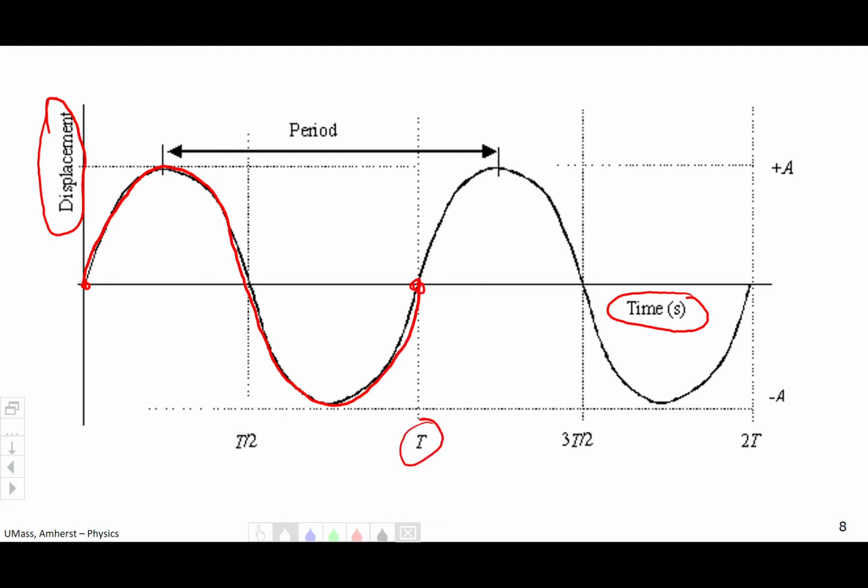In this case, it's represented simply as T. So 1/2 of that is 1/2 T. And then we follow it again. We see we have a full 2 periods for 2 full waves. We hit a crest, trough, and back to equilibrium. Then we hit a crest, then a trough, and then back to equilibrium.